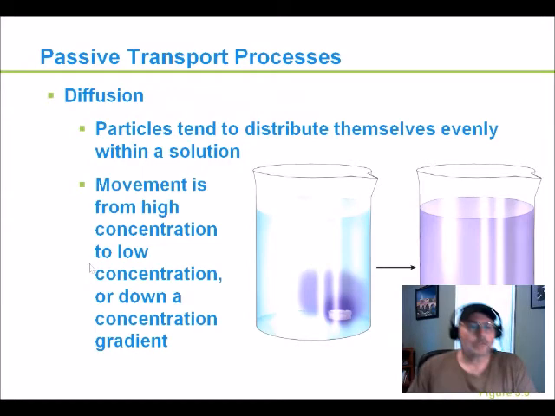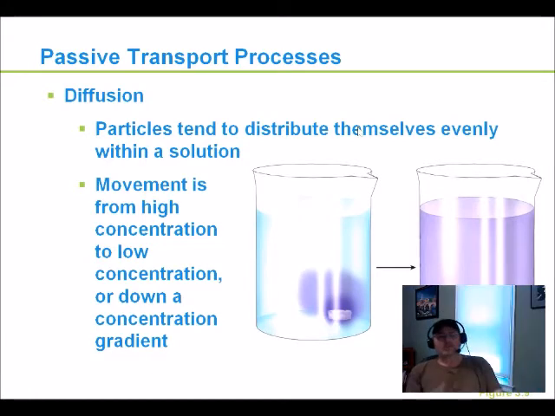So, passive transport processes. The first one we'll talk about is diffusion. With diffusion, particles tend to distribute themselves over time so that we get to a point we call equilibrium. That is, everything's balanced out. So we can have a high concentration of a substance, but eventually it will spread out.